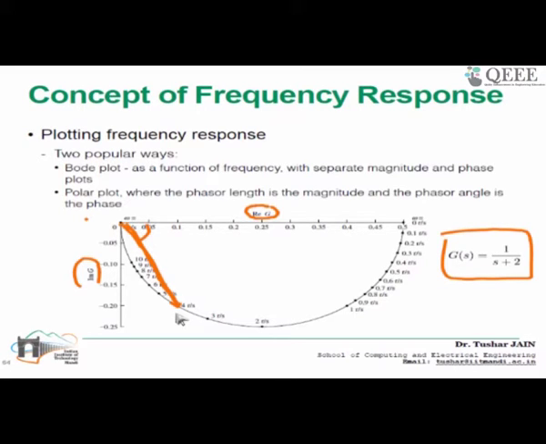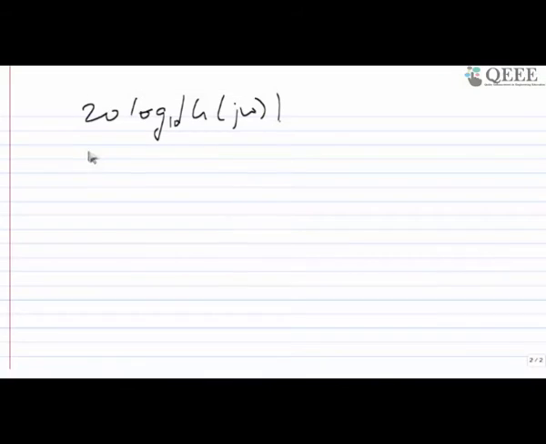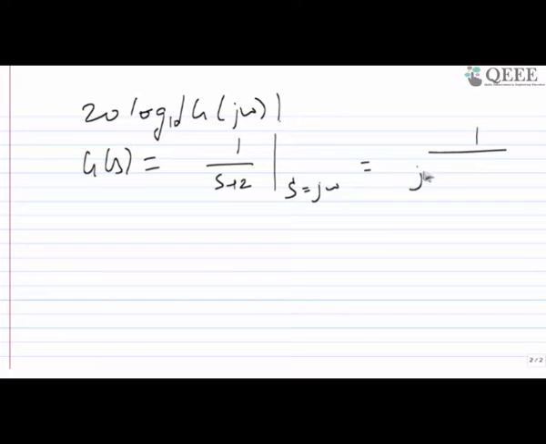The phase angle of this point at omega, let's say omega is equal to 4 radian per second. If we want to see how we draw this plot, we can see very quickly. If we have the same G(s) = 1 upon s plus 2, we replace this s by j omega, which gives me j omega plus 2. In a similar way, you can separate the real and imaginary part.